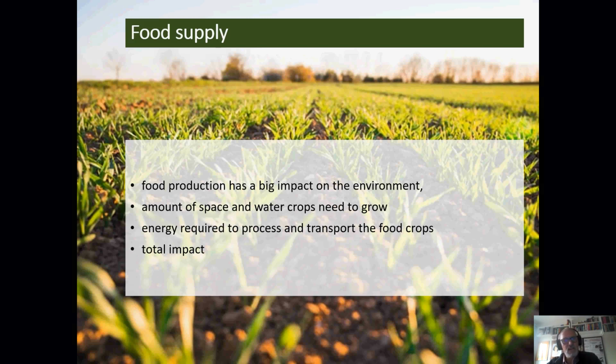Also, we have to think about the energy which is needed to process foods, the energy which is needed to transport foods.